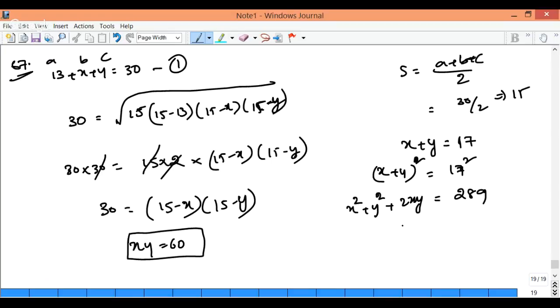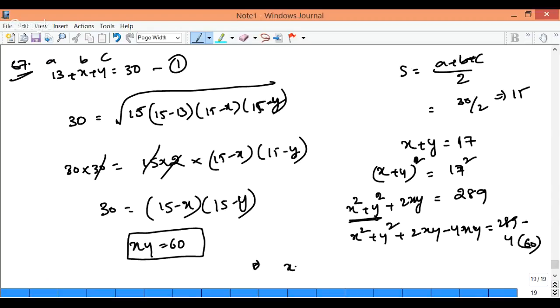Subtracting 4xy: x square plus y square plus 2xy minus 4xy is equal to 289 minus 4 times 60.